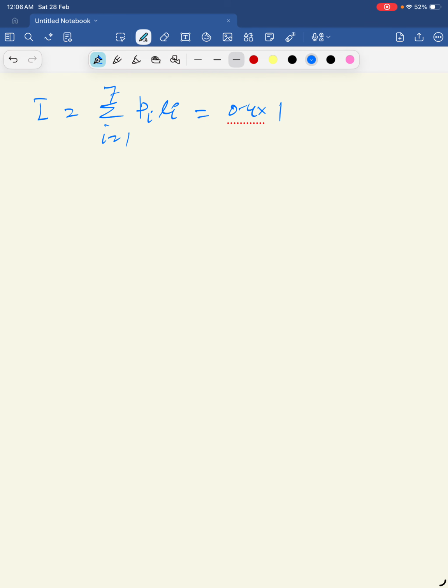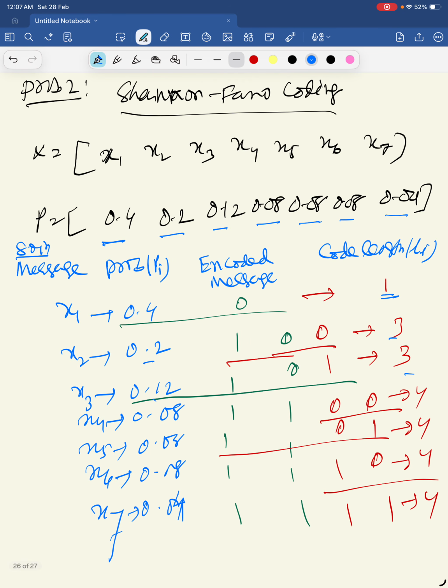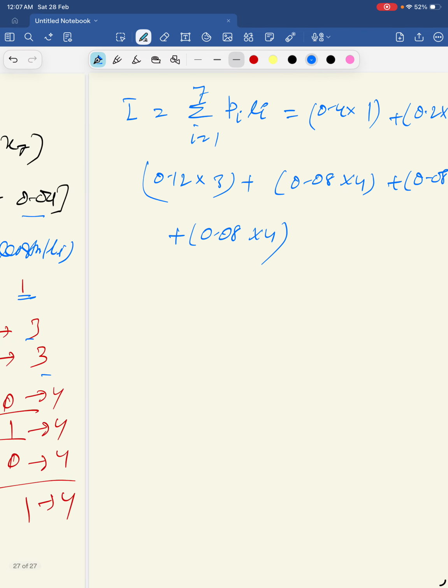So that is 0.4 into 1 plus 0.2 into 3 plus 0.12 into 3 plus 0.08 into 4, next 0.08 also having 4, plus next 0.08 also having 4, so all three 0.08 are 4.